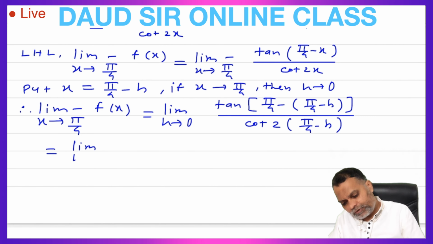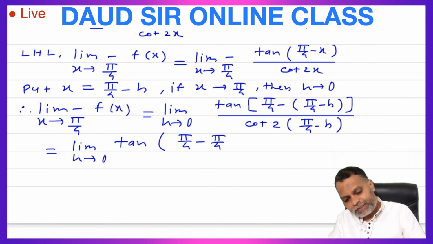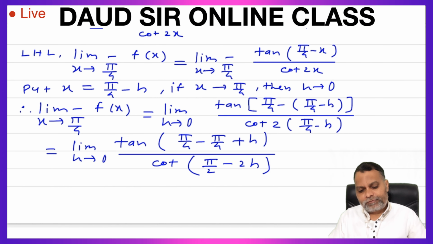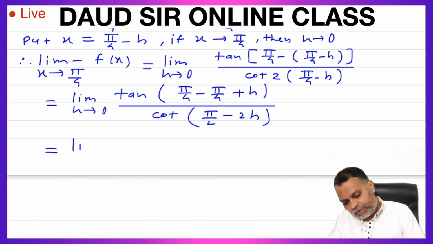Limit h tends to 0 of tan of pi by 4 minus pi by 4 minus minus plus h, upon cot of pi by 2 minus 2h, which is equal to limit h tends to 0.